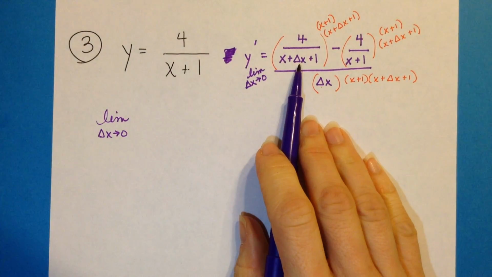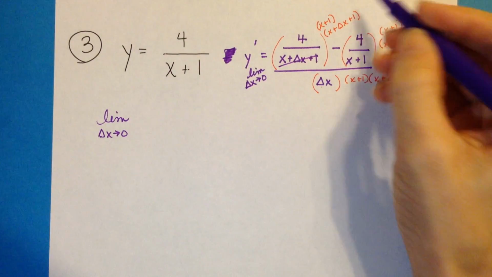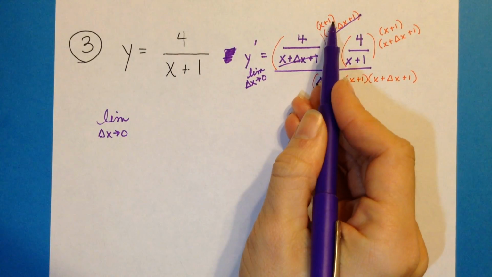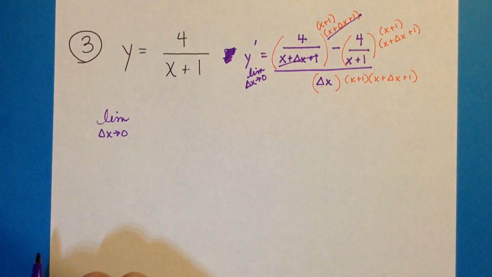Okay, so with the first term, of course, all of this will cancel this, so I'm left with 4 times the x plus 1. So I'm going to go ahead and distribute my 4.